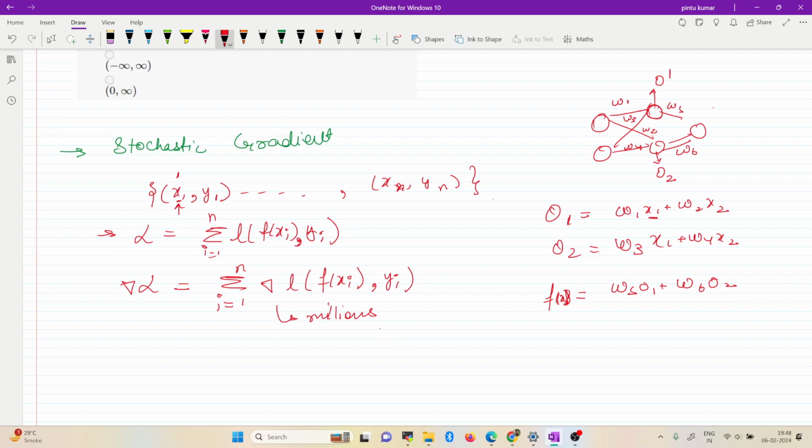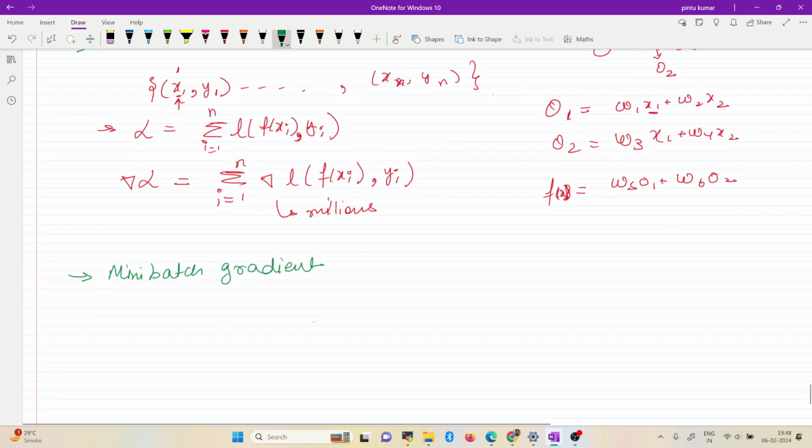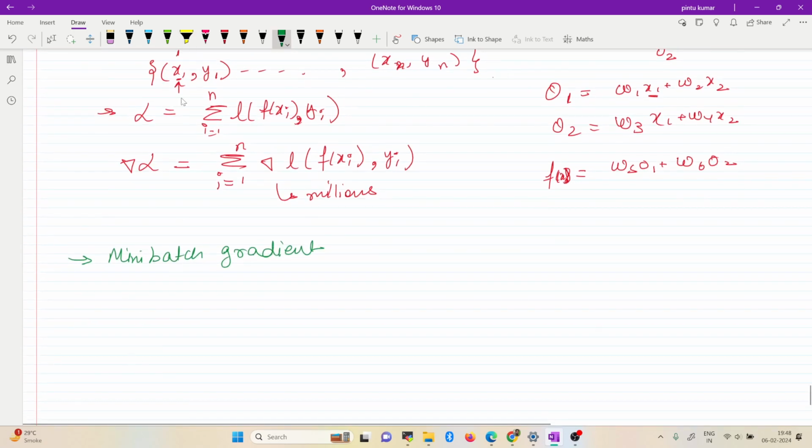And then update your parameters. So what people suggested is that you can do something known as mini batch gradient descent. What you can do is divide your training data set, let's say into 3 batches. You can divide into any arbitrary number of batches; for example, I am taking 3.